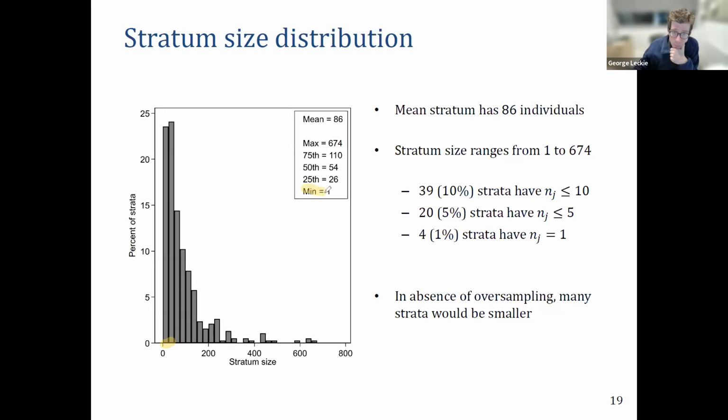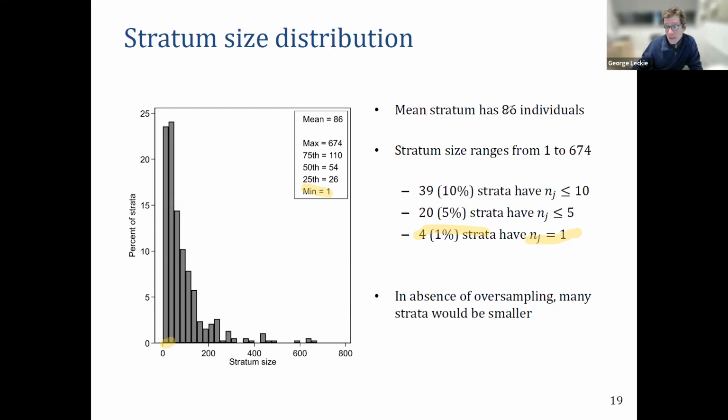Indeed, we see that the minimum stratum size is 1, and we actually have 4 strata which have just 1 person in each. So if we look at those, clearly we're learning about a particular individual in that stratum. We're not really learning much about that stratum per se, and that's something which is going to come back lots here in this course, and how intersectional MAIHDA addresses that.